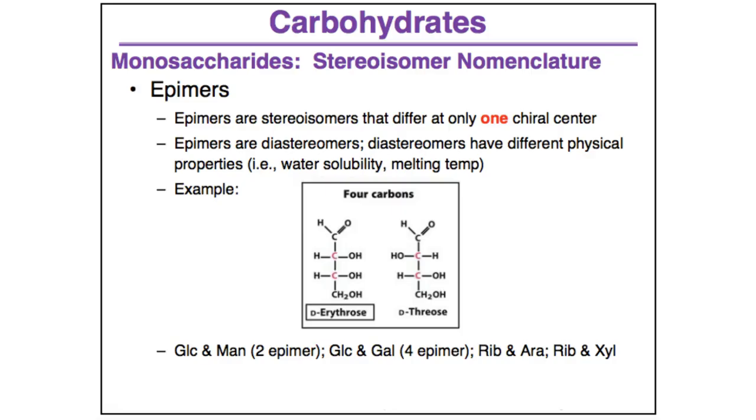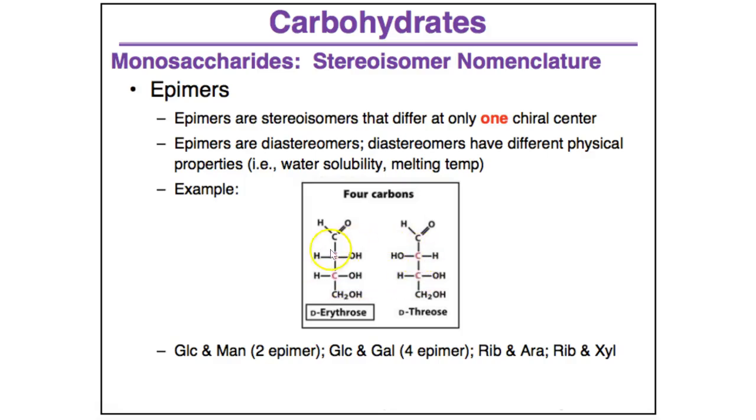And then you can also have something called epimers, and that is where everything is exactly the same except for one chiral center. So as you can see right here, when they show the example, this carbon, everything is exactly the same. This carbon, it is the same.